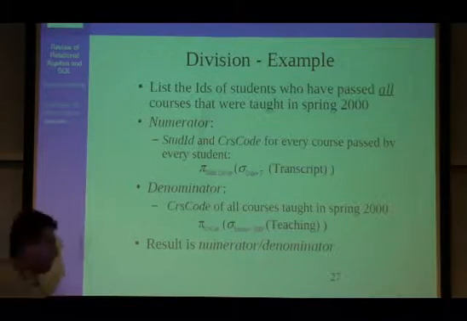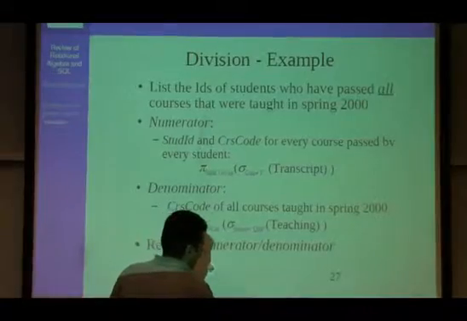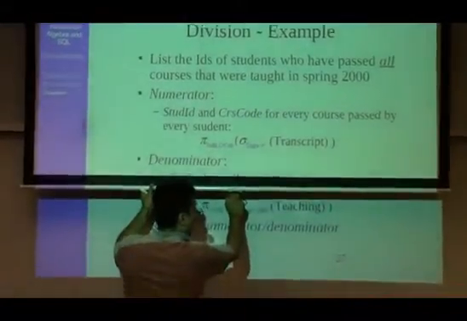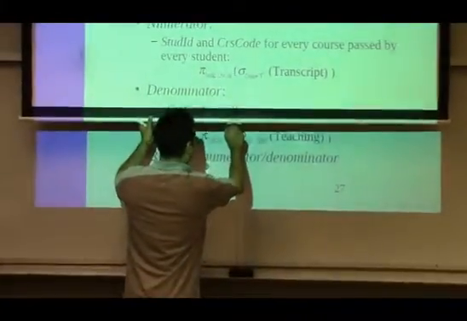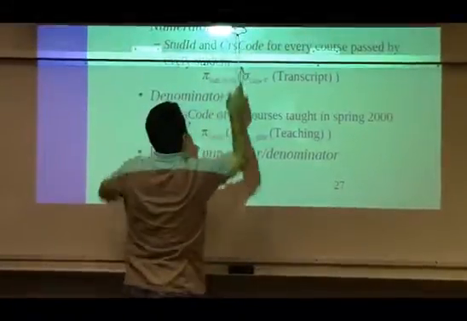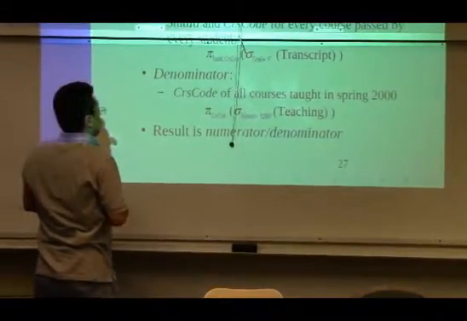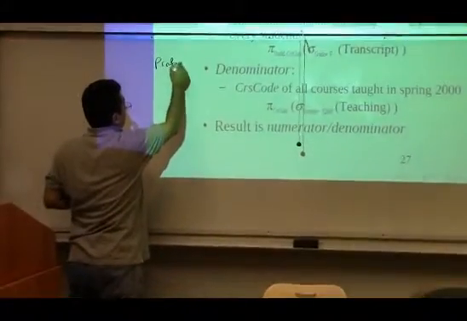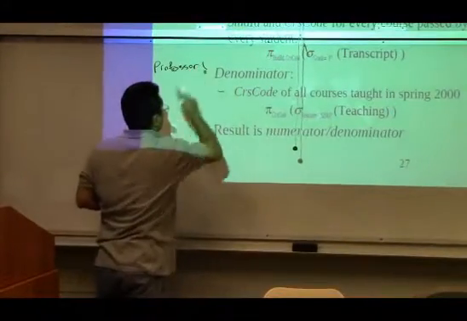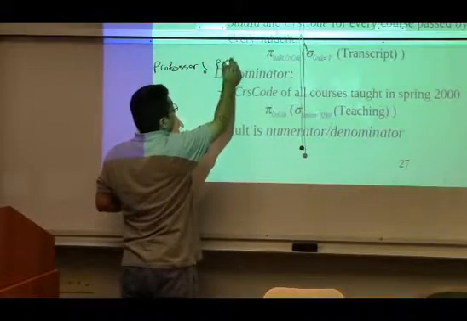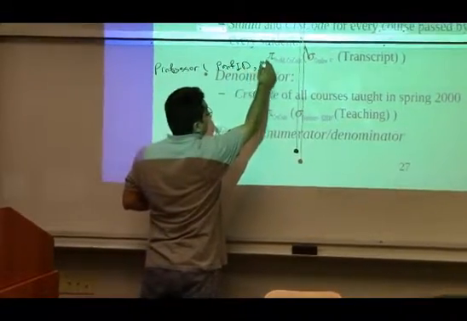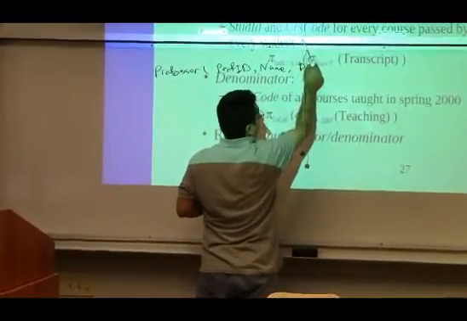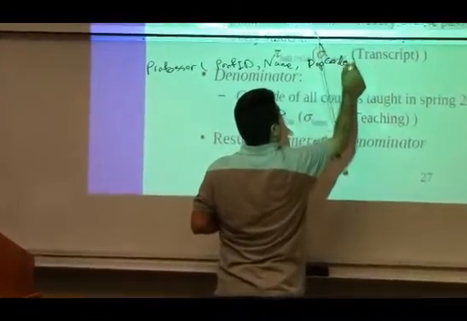Okay, now let me get this running. Okay, so suppose that you have a table professor: prof ID, name, contact code.